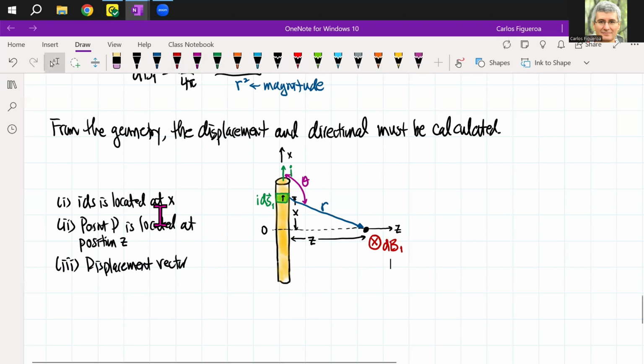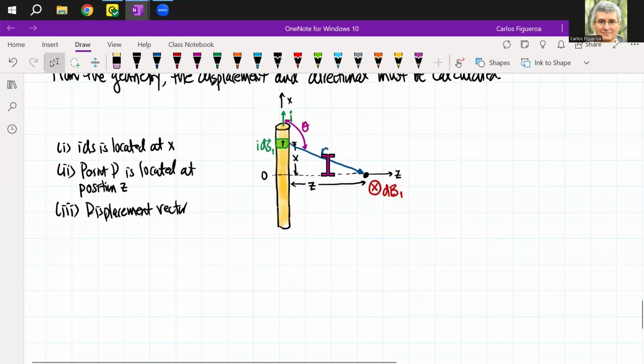So now that I have that, I can go in and look at the details. I'm focusing on this triangle here.